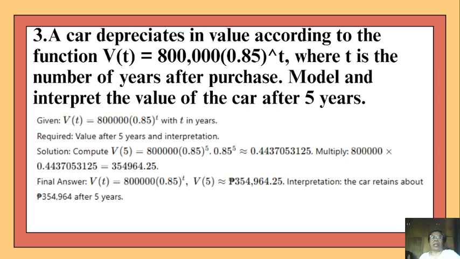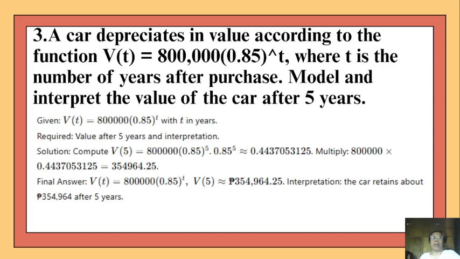So our solution: compute for V(5). Substitute 5 in the equation. So we have 800,000 times 0.85 raised to the 5, and that is equivalent to 354,964 pesos and 25 centavos. So the final answer: V(t) = 800,000 times 0.85 raised to t.